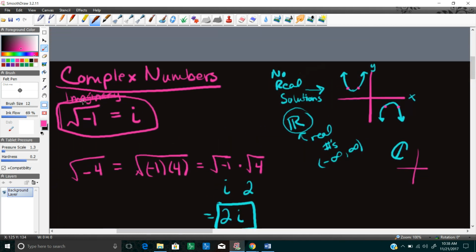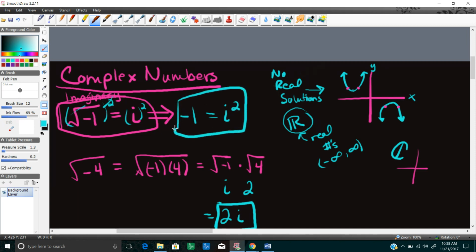So here, with this information, if I were to square both sides, and I'm going to erase this in a bit, if I were to square this one and square this one, what I would get is -1, because this would cancel, is equal to I squared, which gives me another little formula I can kind of use. Okay, -1, if I ever get an I squared, it's the same as -1.